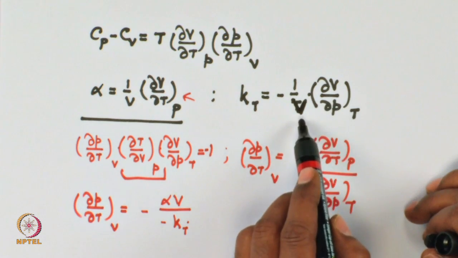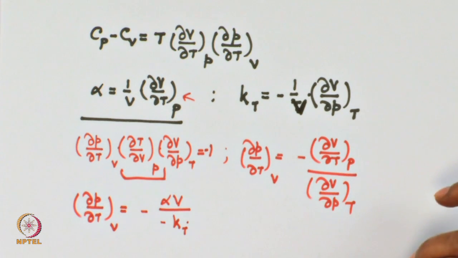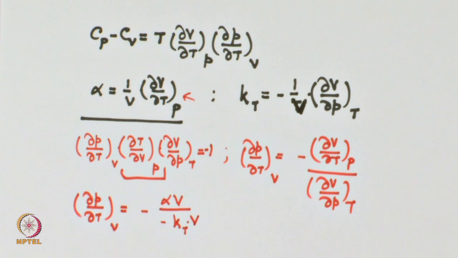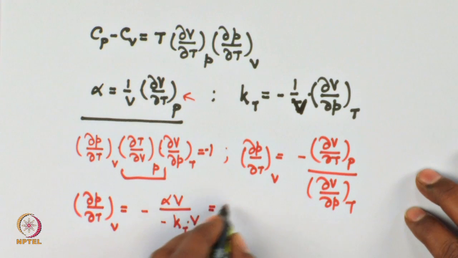The variation of volume per unit volume, into what I have here is volume. So, this is equal to alpha over Kt.